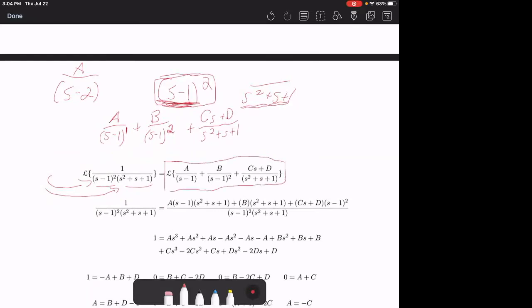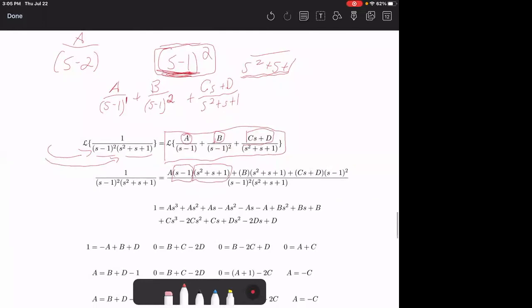Now that we have it set up properly, we are going to give everything a common denominator. So A must be multiplied by (s minus 1) and (s squared plus s plus 1) so that it has the right denominator. And then we do the same with the others. Multiply them by the proper pieces so that we get the common denominator. And then we're going to set the numerators equal to each other.